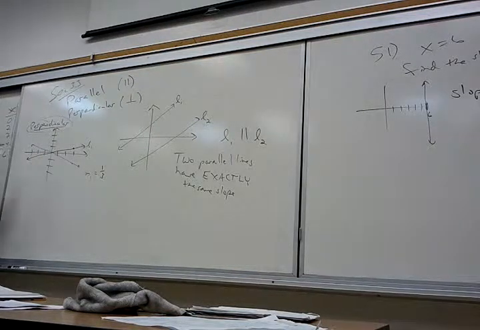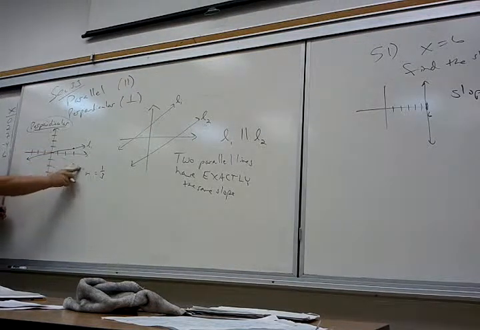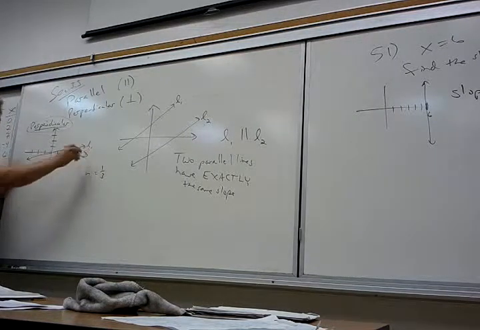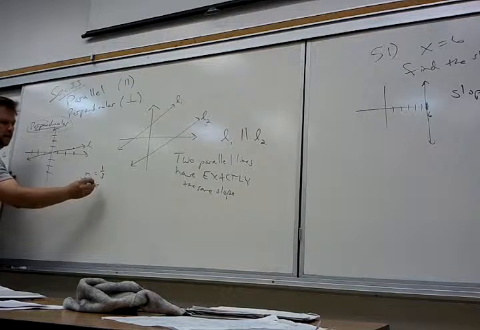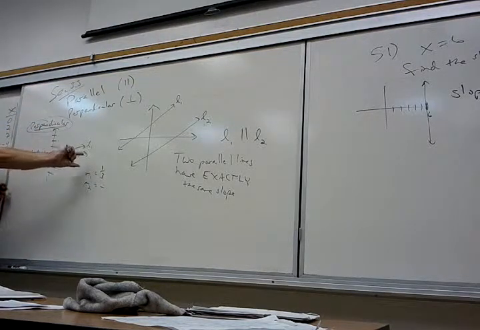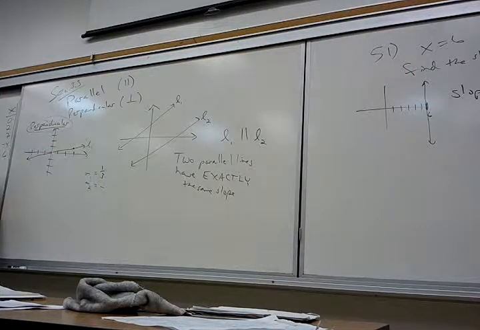Does that look like a 90-degree angle? No. So the truth is, if this is 1/3, the other slope has got to be negative. That makes sense. If that's going up, this has got to go down. Reciprocal. And what's the reciprocal of 1/3? 3. And that would be like down 3 over 1. You see that? Down 3 over 1. Now that looks more like a right angle there, right?